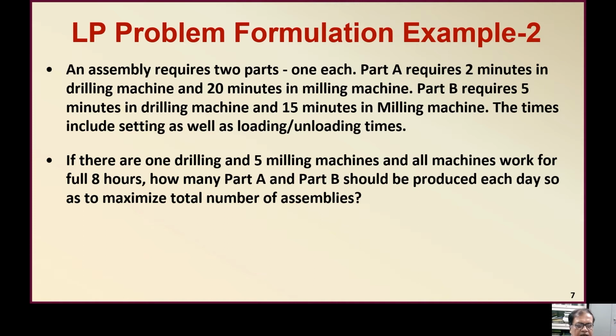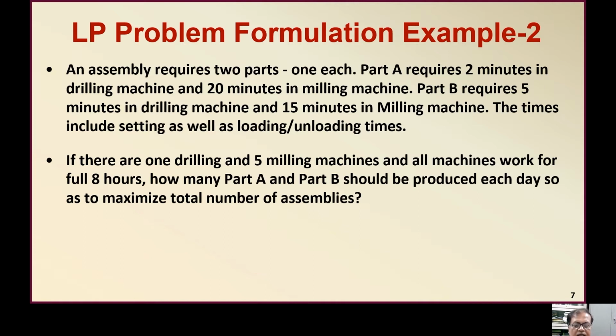We can say there are two unknowns: X1 is the number of part A, X2 is the number of part B. But the question is not that. The question is how many part A and part B should be produced each day so as to maximize the total number of assemblies. So here the problem is basically how many assemblies are going to be obtained, and not really part A and part B.